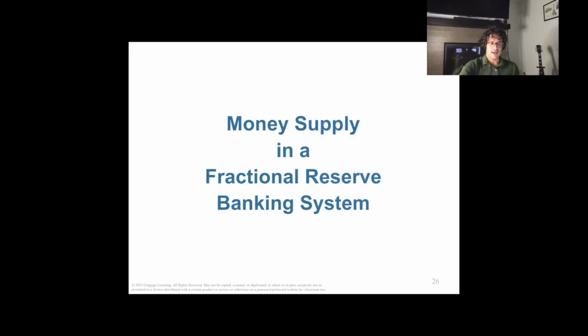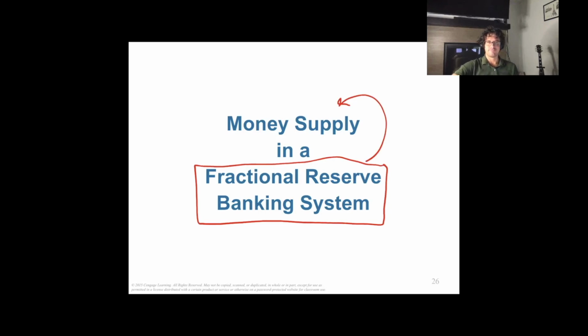So, how does the presence of a fractional reserve banking system affect the money supply? So we mentioned before, the money supply was given by M1. There is another definition which is broader, M2, which is greater than or equal to M1.